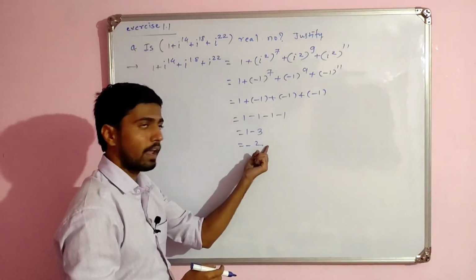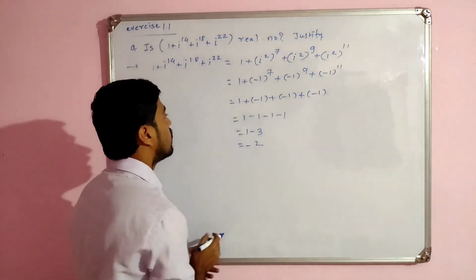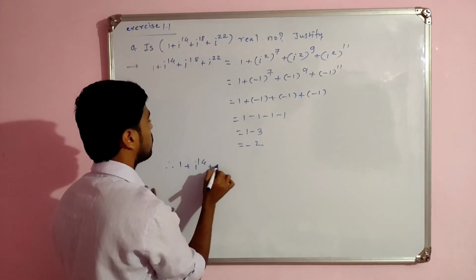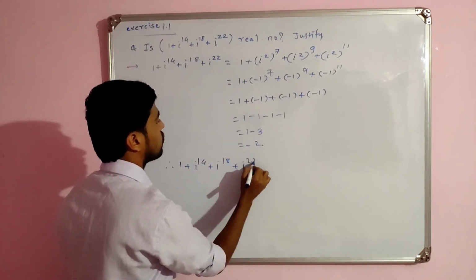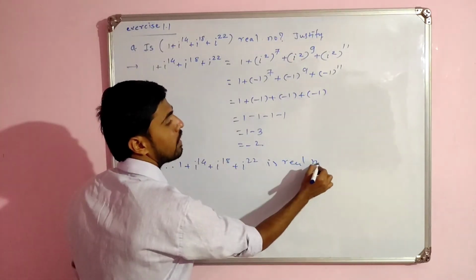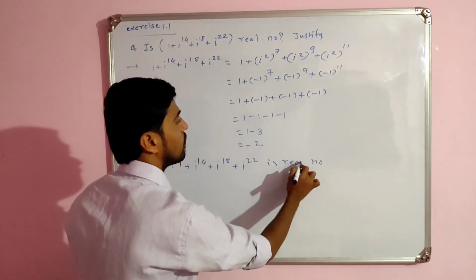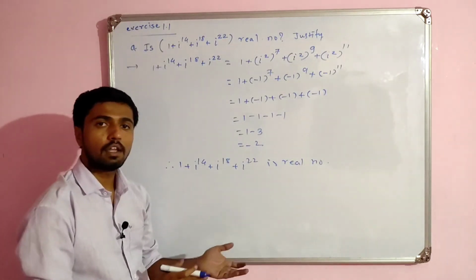Here there is no i, only a real part, so this is a real number. So 1 + i^14 + i^18 + i^22 is a real number, not a complex number.